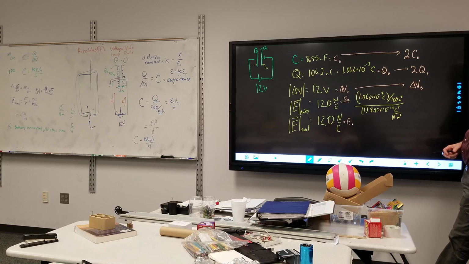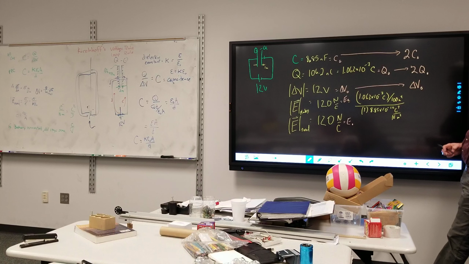Now my electric field, what's going to happen to my electric field if I double the charge? I'm willing to bet at least one of you has a gut feeling here. Go for it. It'll become half.